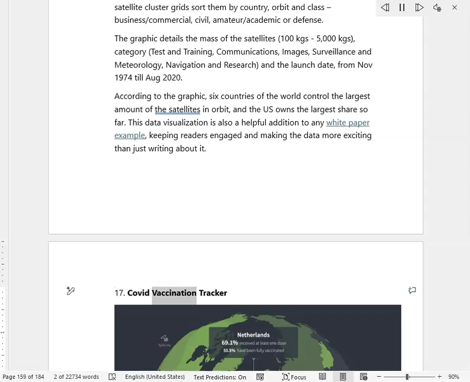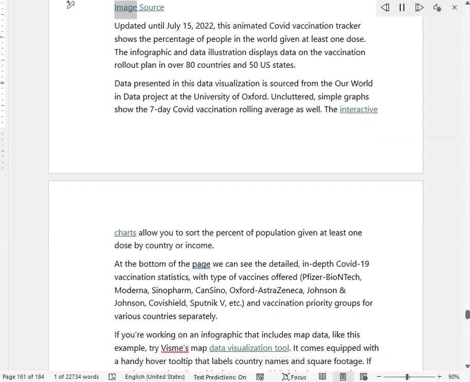17. COVID vaccination tracker. Image source. Updated until July 15, 2022, this animated COVID vaccination tracker shows the percentage of people in the world given at least one dose. The infographic and data illustration displays data on the vaccination rollout plan in over 80 countries and 50 U.S. states.